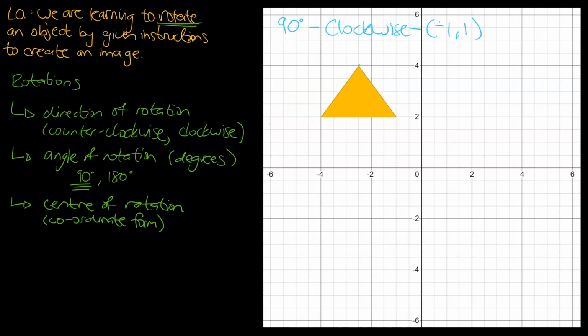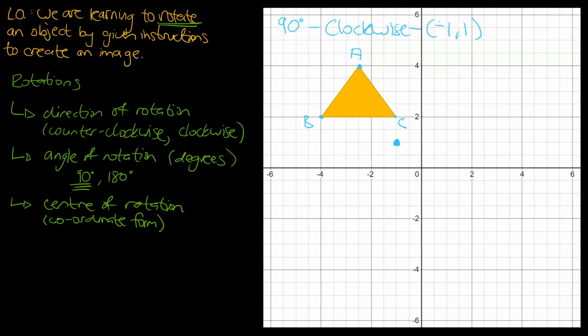First step, let's label all the corners of our triangle, because that's a big help when we're doing these questions. So that's going to be A, down here is B, and down the bottom is C. We're also going to label the center of rotation, which is -1, 1, which will go up there. We can then start to draw reference lines.